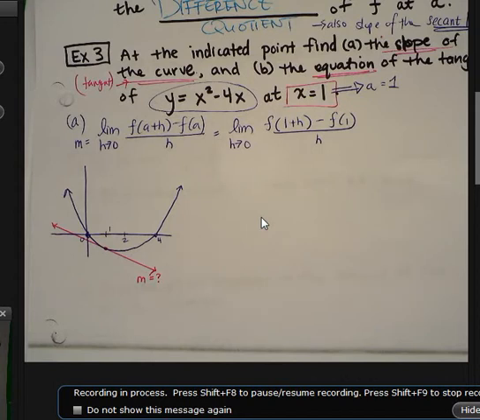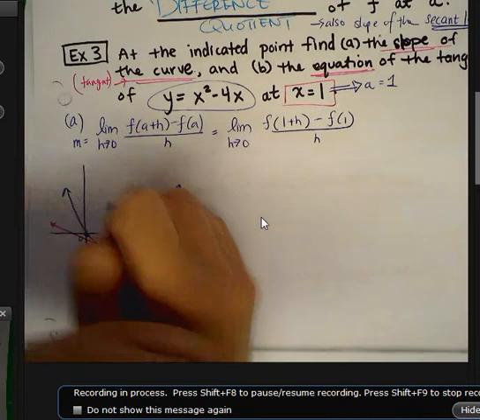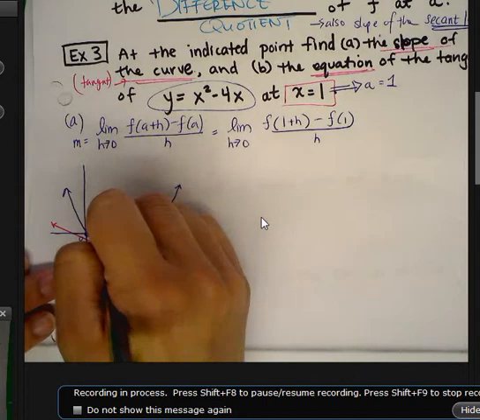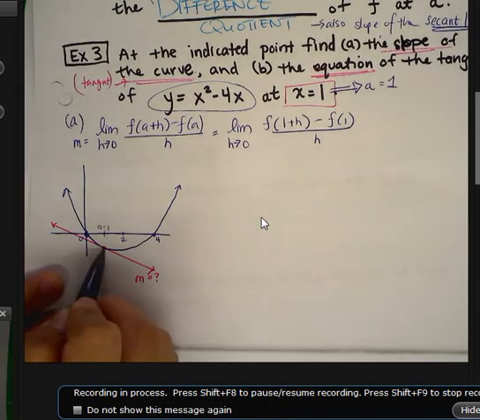So what are we going to do to get there? I'm going to use a pencil for this so I can erase it. We're going to start at 1, and that's why we're going to make 1 our a. And I'm just going to add h to it. So let's say this much is h.